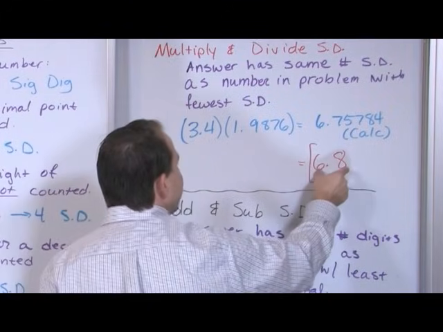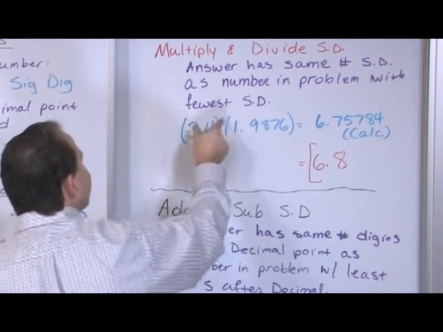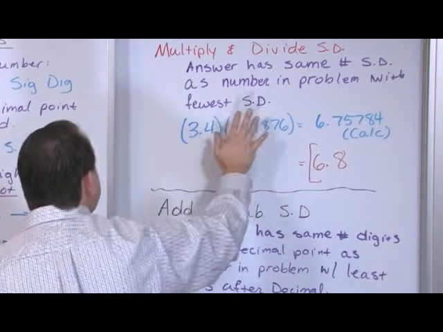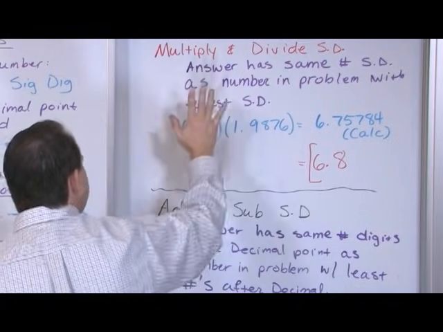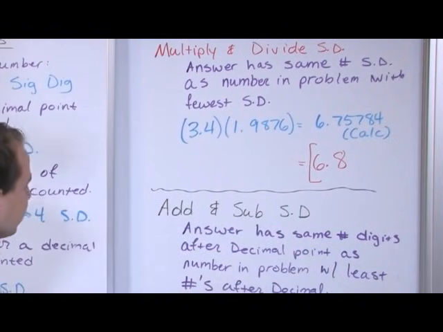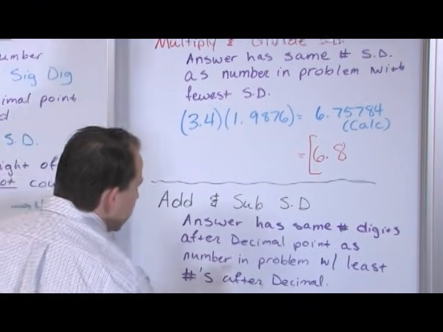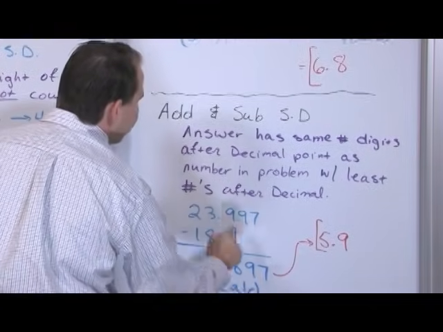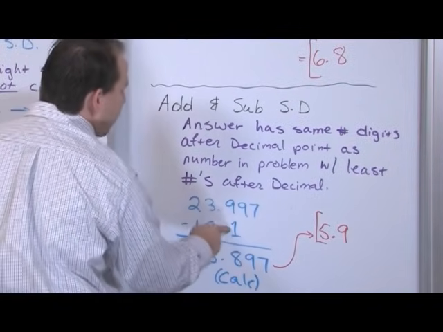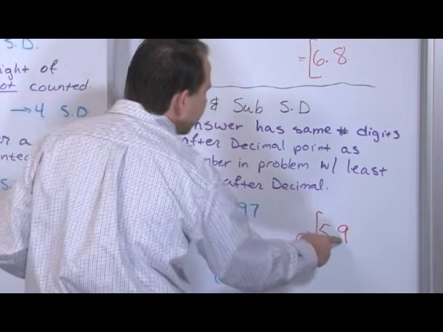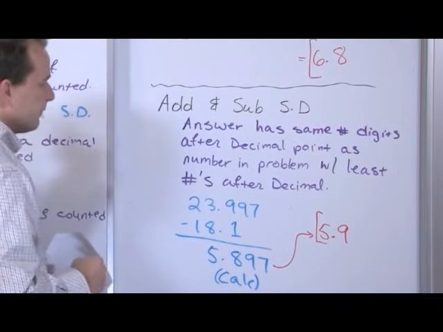The answer is going to have the number of significant figures as the smaller number in total. Doesn't matter what's behind the decimal or in front. It's the total number of significant figures driving the answer. This one is different. It only matters how many digits, significant figures I have behind the decimal. Here I have 1 digit behind the decimal, so my answer is going to have 1 digit behind the decimal.